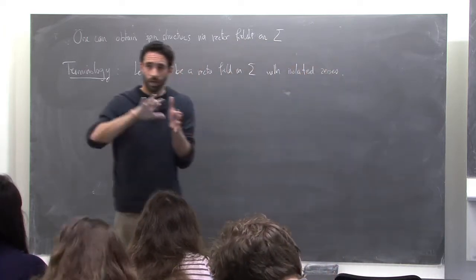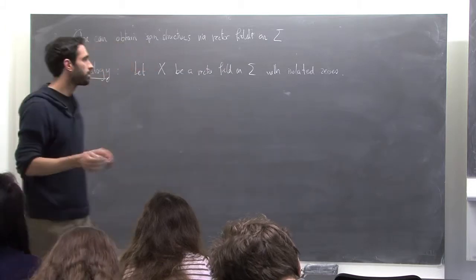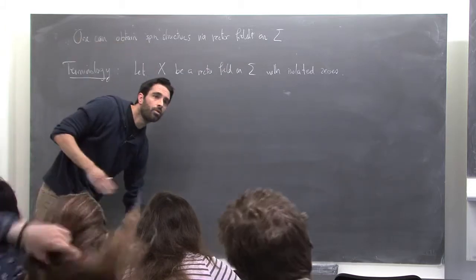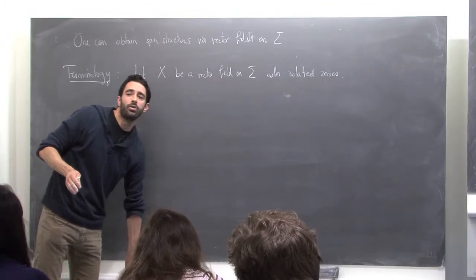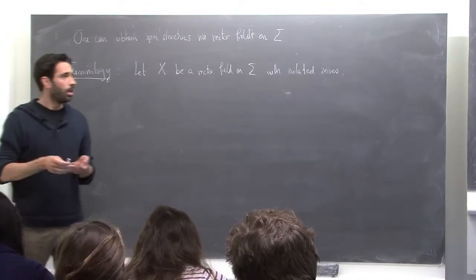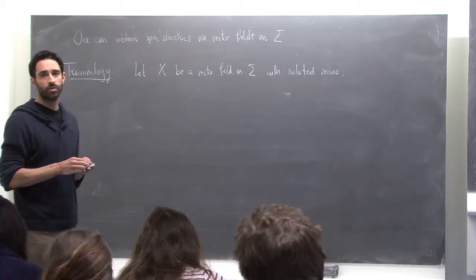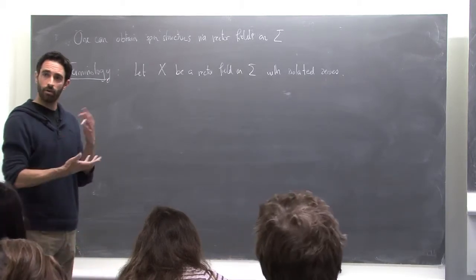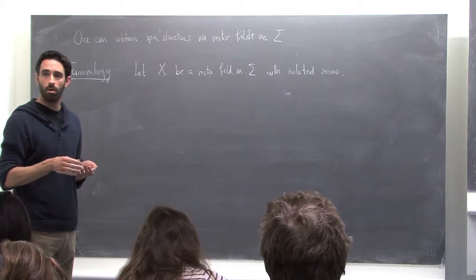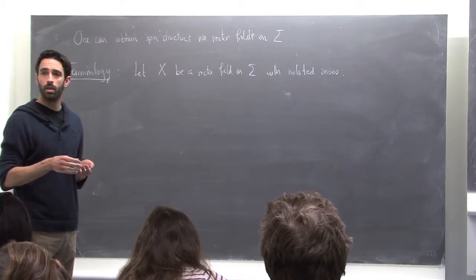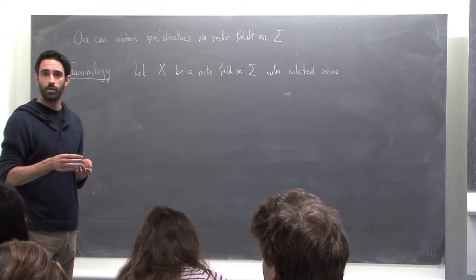So you have your surface and a vector field on the surface, and ideally what you would like is to have no zero at all. But as you may know, and this is also an exercise, the only closed orientable surface on which you can have a vector field with no zero at all, do you know which one it is? It's the torus.